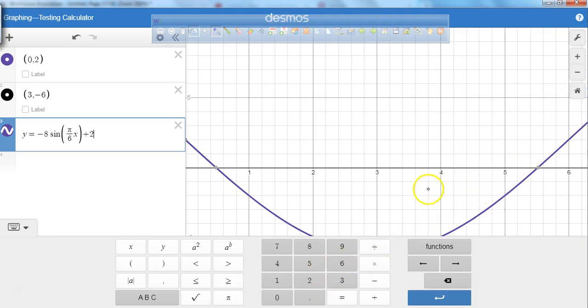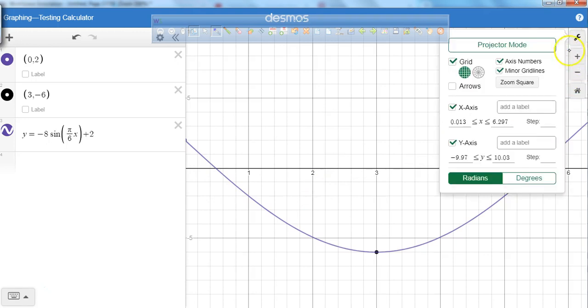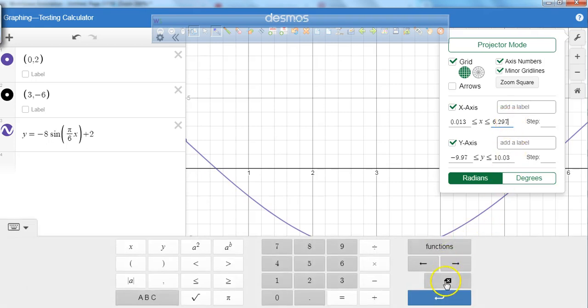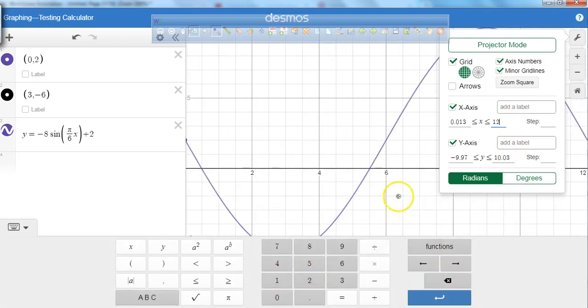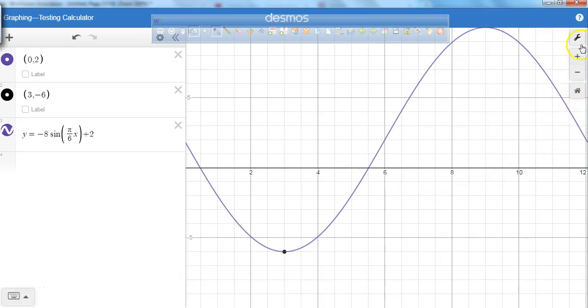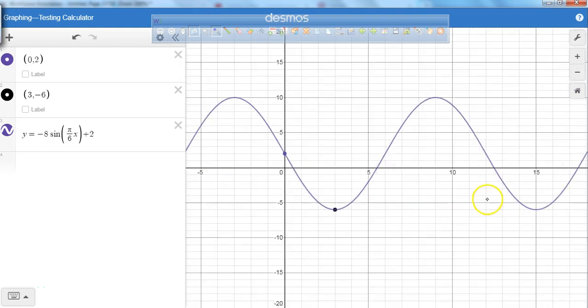I'm going to take a look at this. Now I'm going to go to the graph settings and finish this graph all the way at 12. Let's see what happens. Let's zoom out just a little bit more so you can see it.